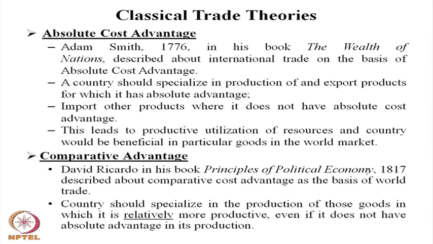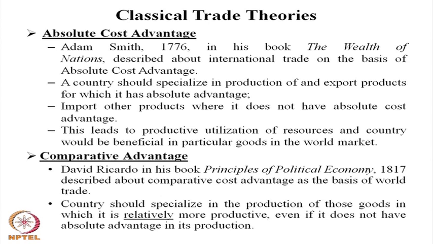Absolute cost advantage is the primary determinant of international trade. A country should specialize in production and export the product for which it has an absolute cost advantage. The country should not produce a particular product in which it does not have an absolute cost advantage.